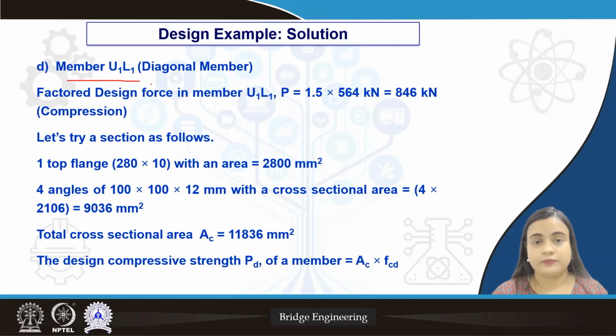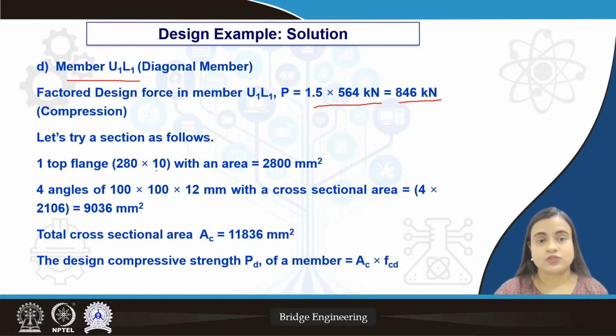Member U1L1 is a diagonal member which is found to be critical when it is under compression. So the factored design force in member U1L1 is obtained as 1.5 times 564 kilonewton, that is equal to 846 kilonewton in compression.